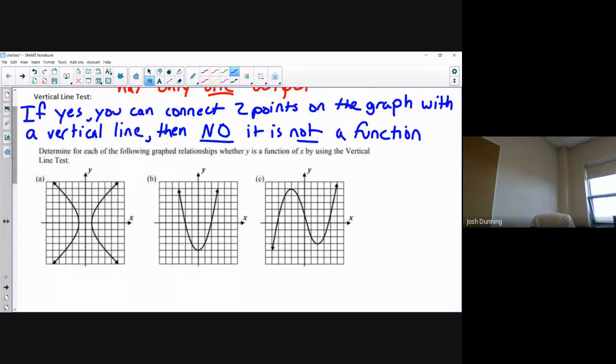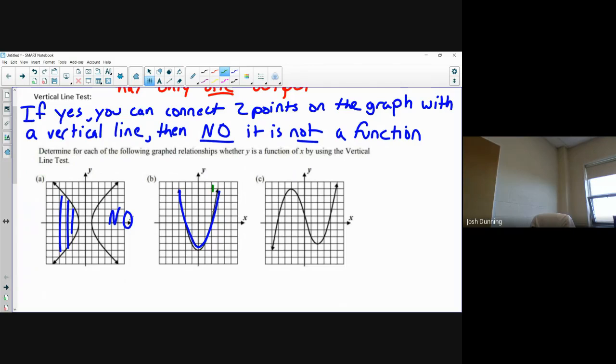This is review. All these are just asking, hey, is this a function? A pretty much fails the vertical line test everywhere. No. B is a parabola. It's an x squared graph. There's no way I can connect any 2 points of this curve with a vertical line.